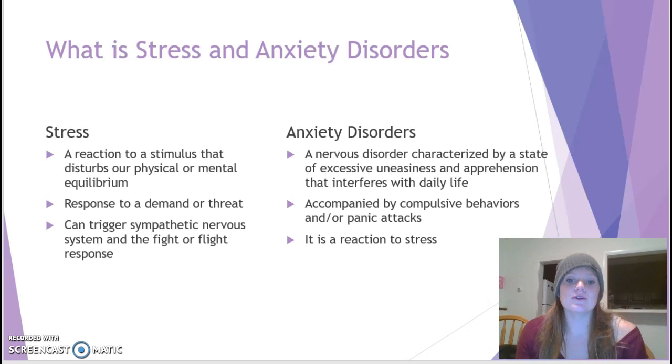Anxiety disorders are nervous disorders characterized by excessive unease and apprehension that interferes with daily life. And that's the biggest part, knowing that it interferes with daily life and causes you to suffer a lot more distress than just the normal anxieties that most of us face. It's accompanied by compulsive behaviors and panic attacks, and it's a reaction to stress.